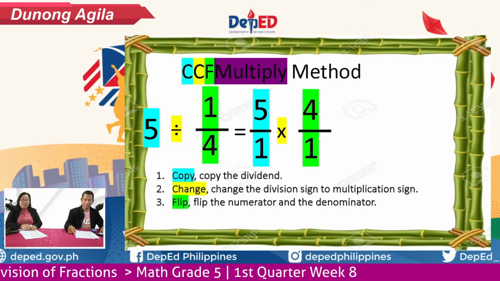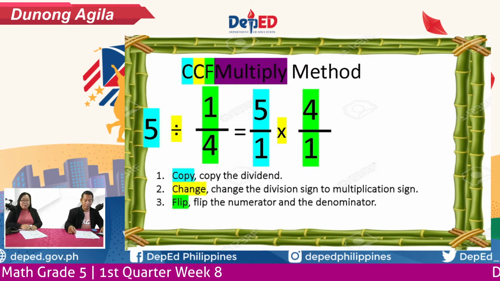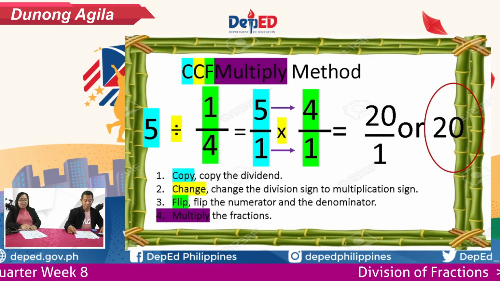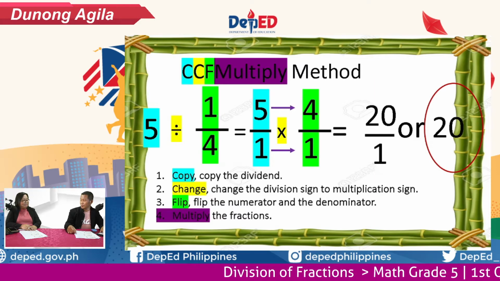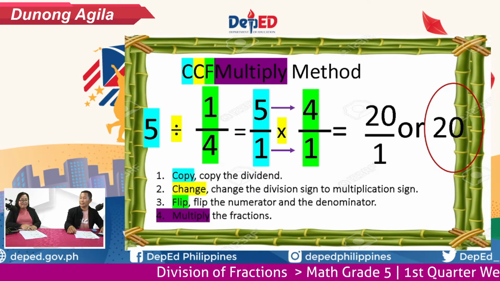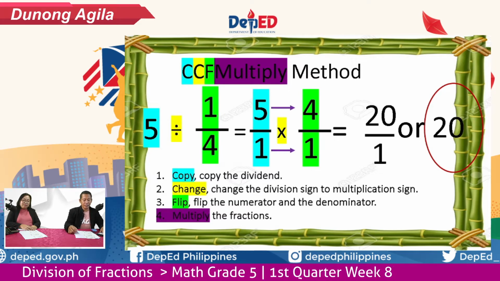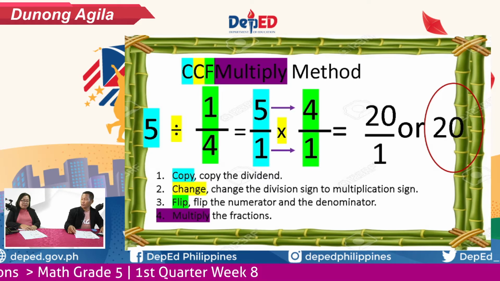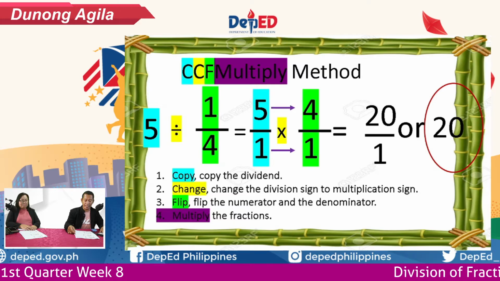And denominator times denominator, it will give you 1. We have a product of 20/1. But wait, Sir Rod, is 20/1 already in lowest terms? Not yet, Ma'am Joy. 20/1 is an improper fraction. So we can simplify it by changing it to a mixed number. But after dividing, it leaves no remainder. So our answer will be a whole number 20.